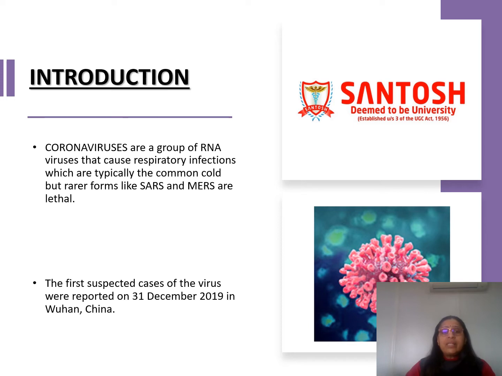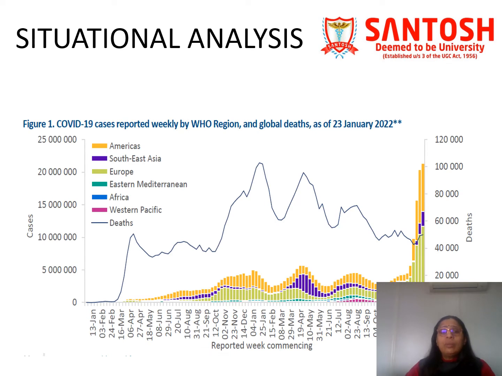The first suspected case of the virus, that is COVID-19, was reported on 31st December 2019 from Wuhan, China. After that, we all know that this virus spread to all the countries in the vicinity and all over the world, and WHO had to declare this a global pandemic in March 2020.